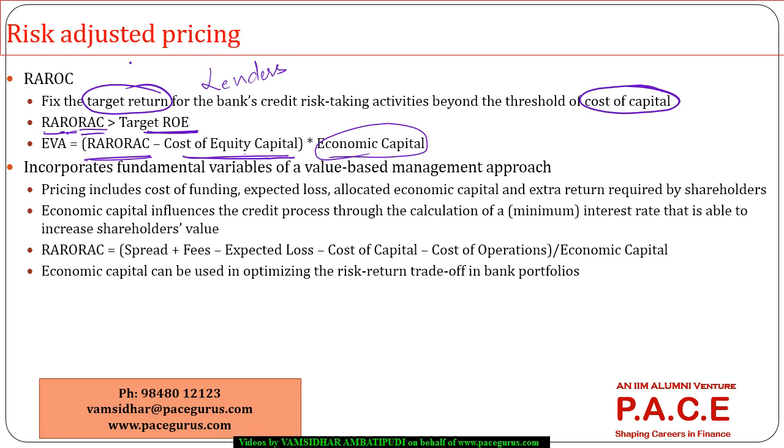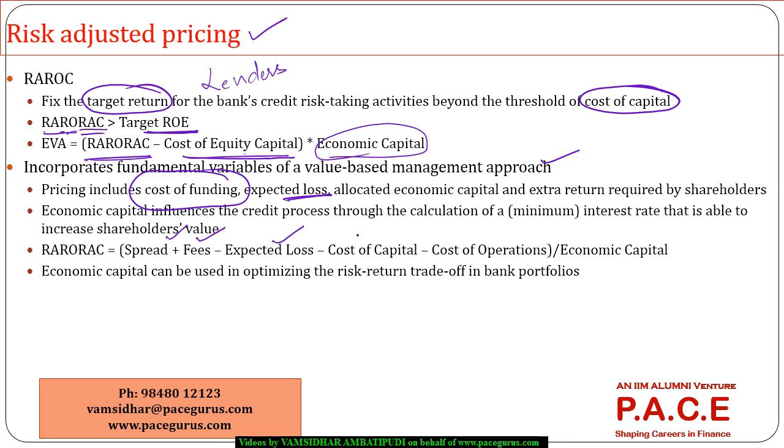So the whole intention of risk adjusted pricing is incorporating the various fundamental variables of the value based management approach. So when we are talking about pricing, we are considering the cost of funding, the expected loss. So when we are doing the pricing, we should include the cost of funding, where we are talking about the fund fee as well as the spread.